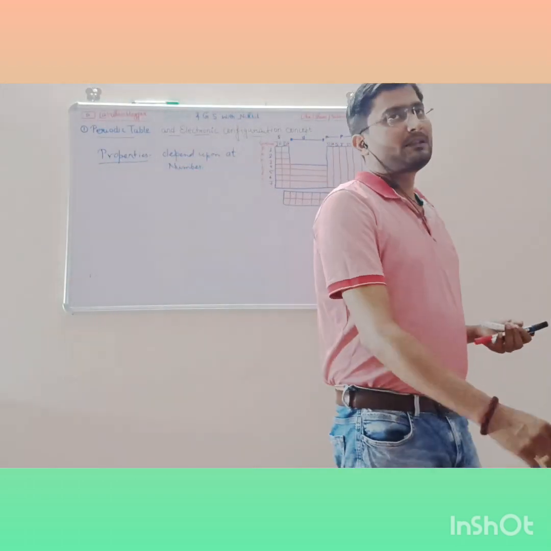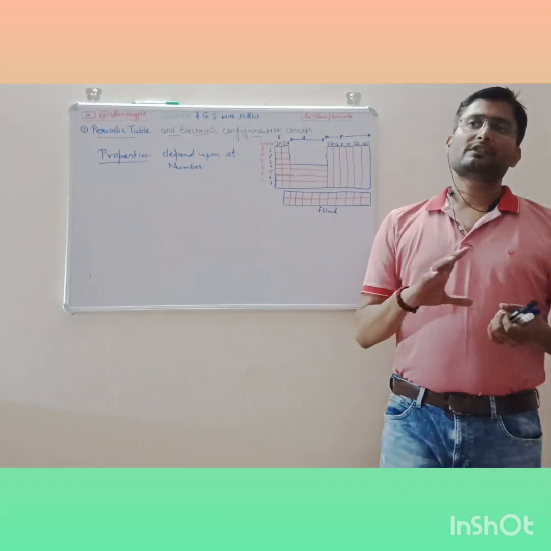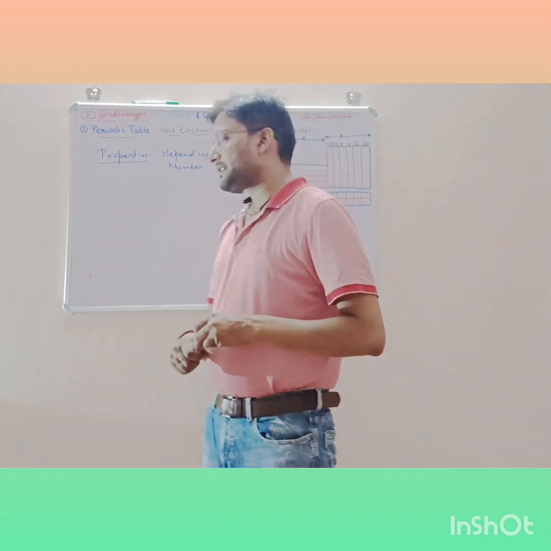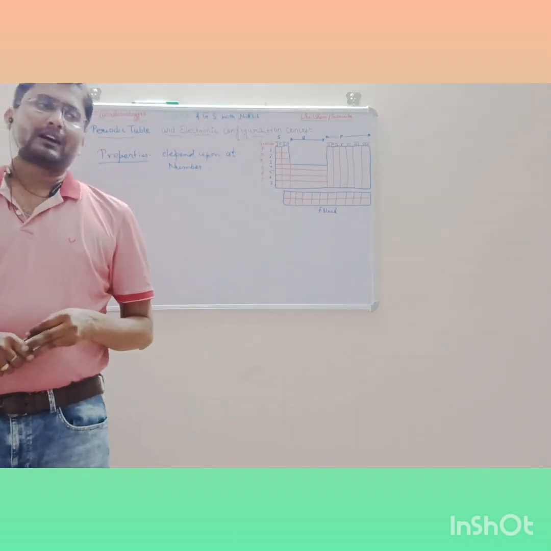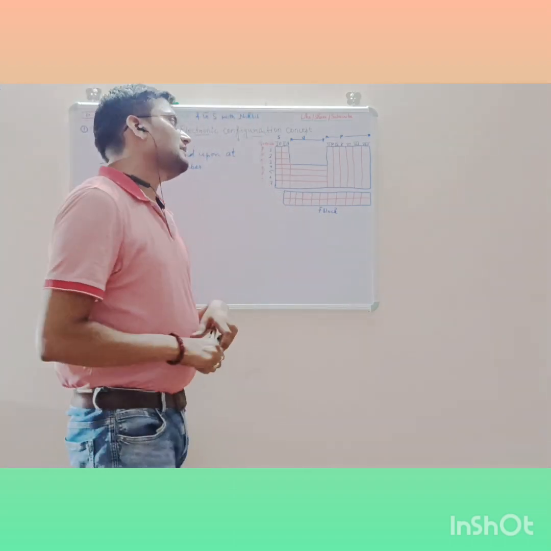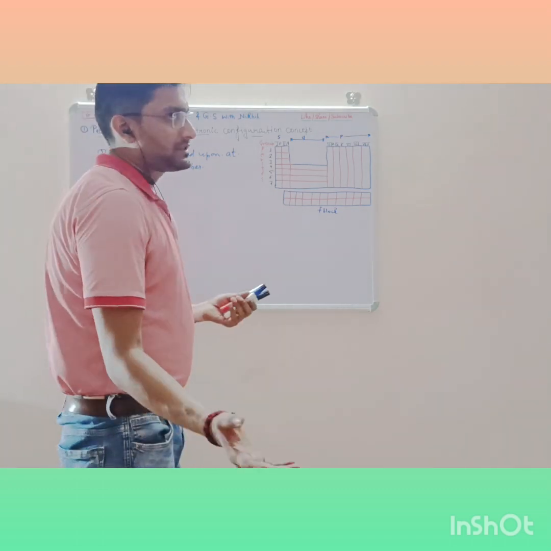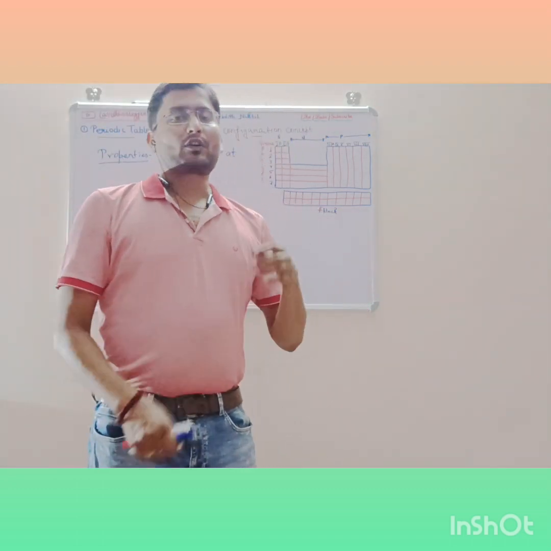And we all know that the modern periodic table was given by Dmitri Mendeleev. He arranged the elements on the basis of the atomic mass concept, but after some years it was changed to the atomic number.